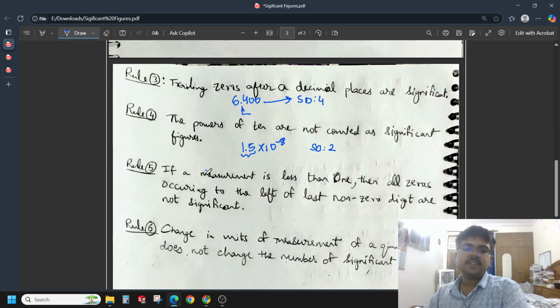Rule 5 states that if a measurement is less than 1, then all zeros occurring to the left of the last non-zero digit are not significant.